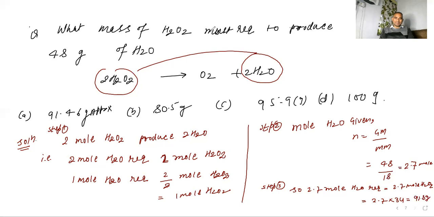I got the answer. Are you doing anything else other than this? 2.7 into 34? No, I'm doing 2.7 times 34. So it is coming 91.8. Yes. Okay, so option number?